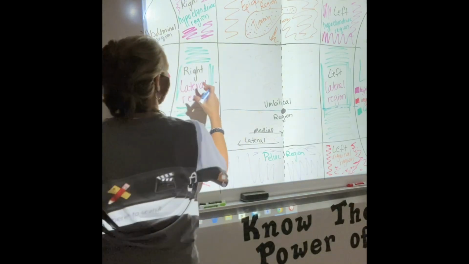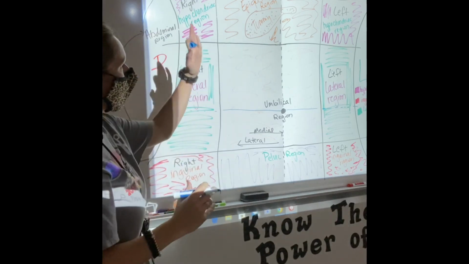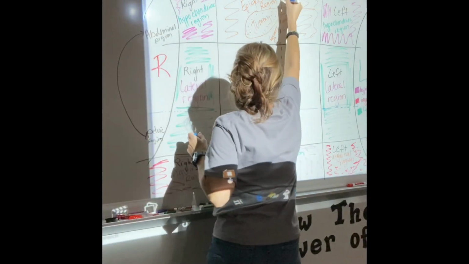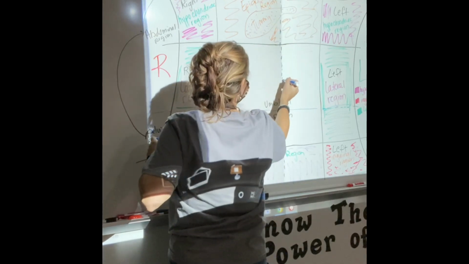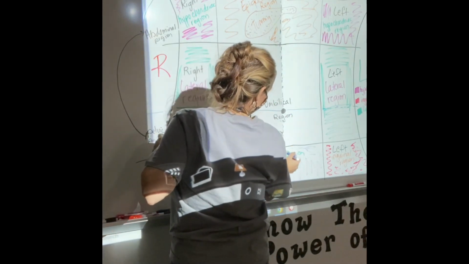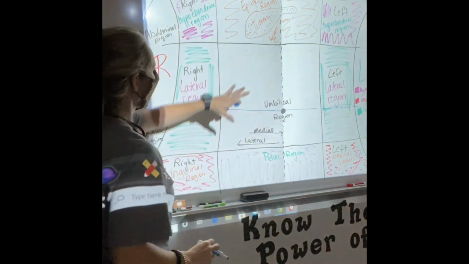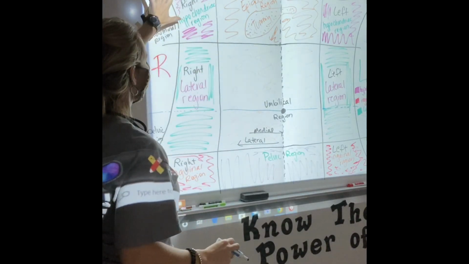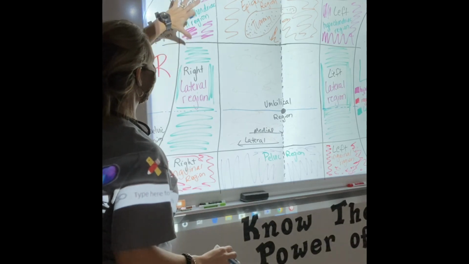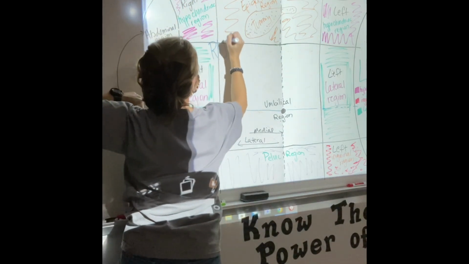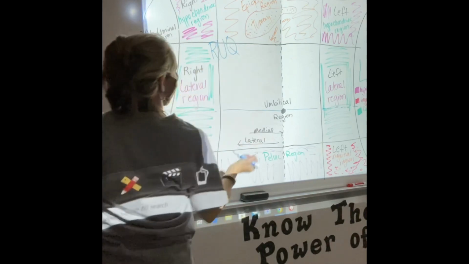So when we look at upper lower versus left right, it follows that midline again when we're just doing the quadrants. In this upper region, all of this is the right upper quadrant.